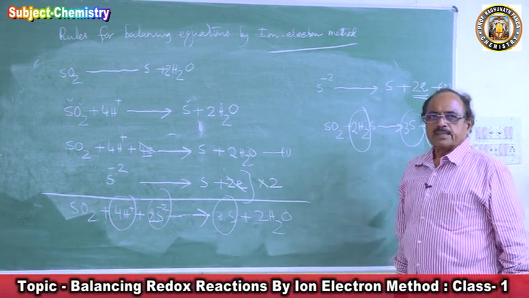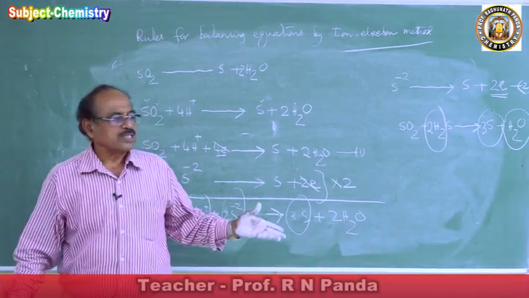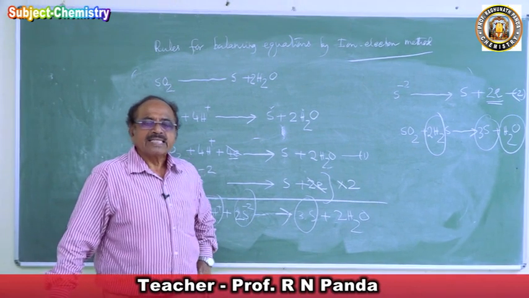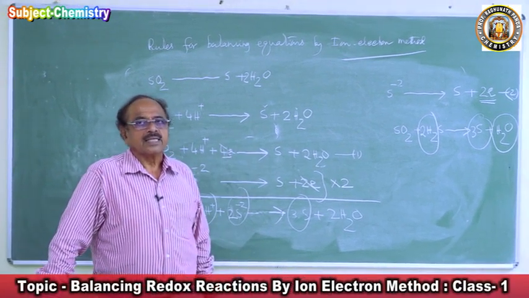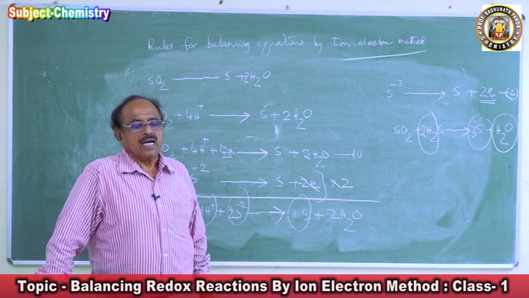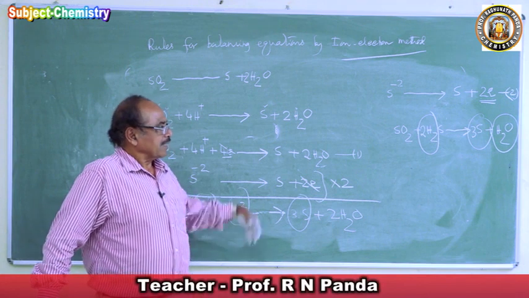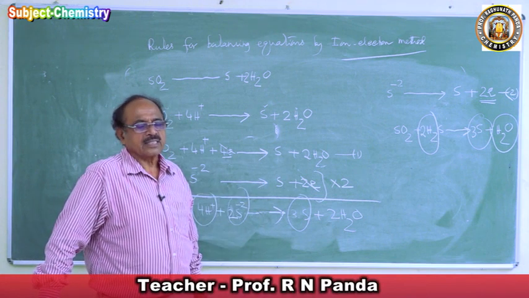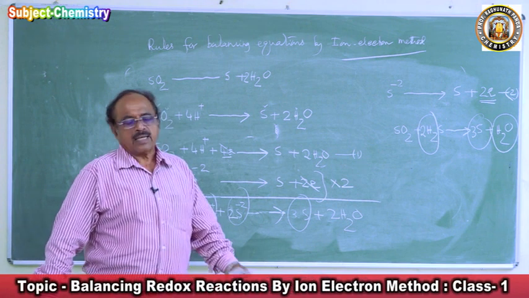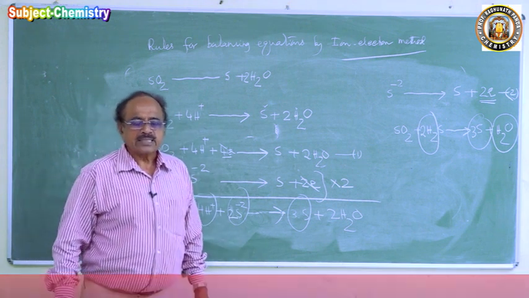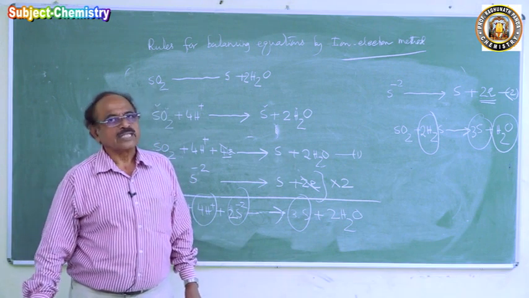So whatever we do in the partial equation, exactly the same thing is going on in ionic form. This will help us in studying redox reactions very beautifully, and their chemistry, oxidation, reduction, equivalent mass, etc. Next class I will take different redox reactions and balance them in ionic form. Thank you very much.